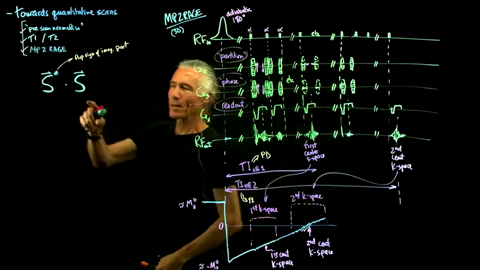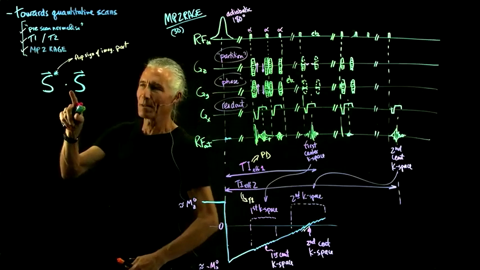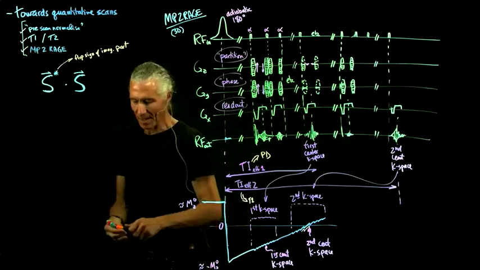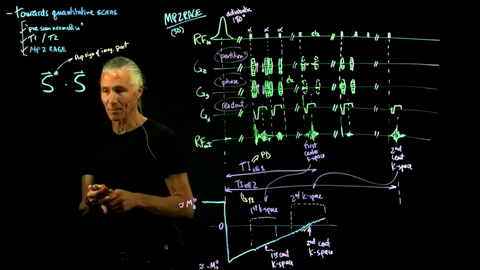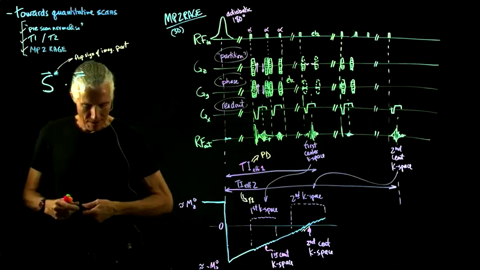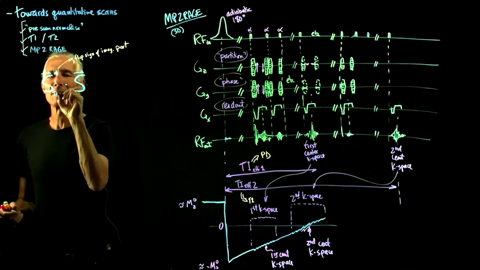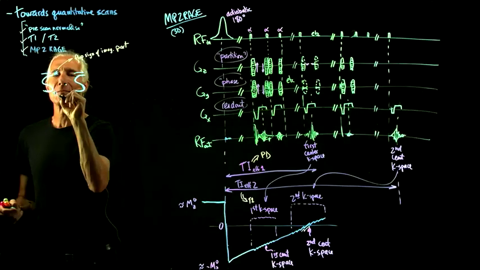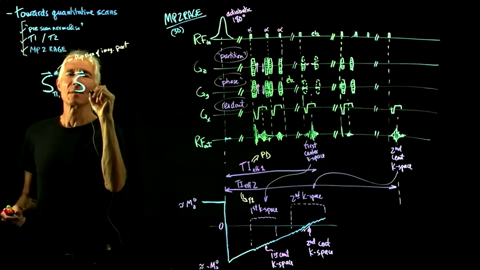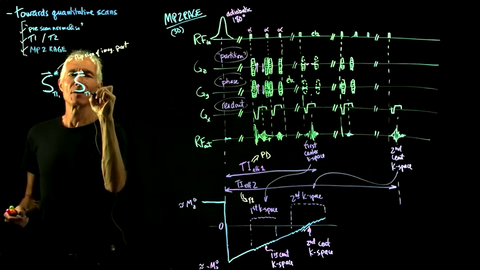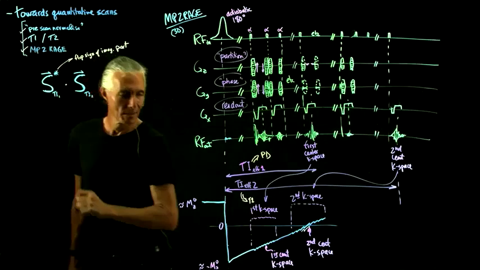So we're multiplying the signal from time inversion 1 times the signal from time inversion 2.